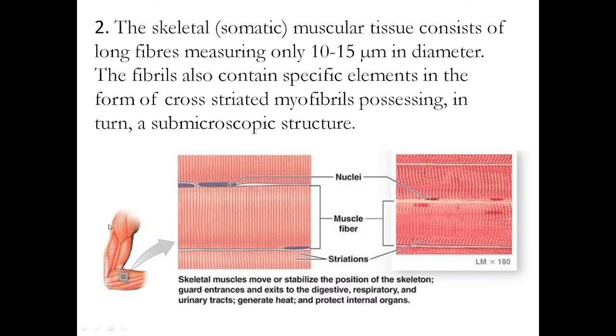Skeletal muscles move or stabilize the position of the skeleton, guard entrances and exits of the digestive, respiratory, and urinary tracts, generate heat, and protect internal organs. What you see, somatic muscular tissue, with muscle fibers. You see nucleus. This is striation.